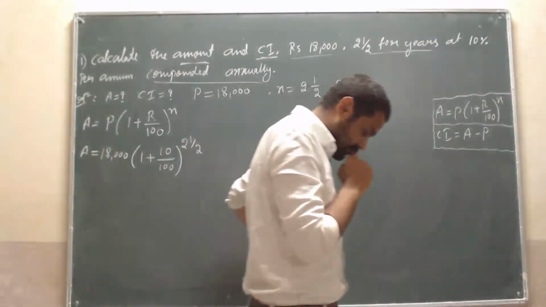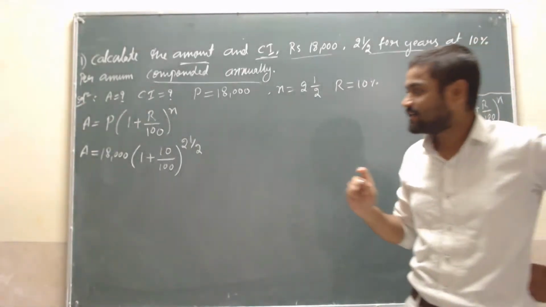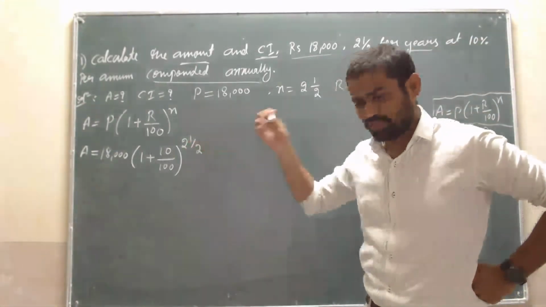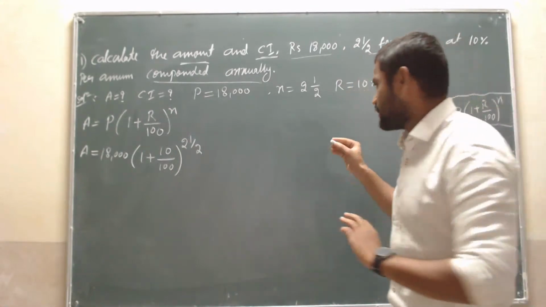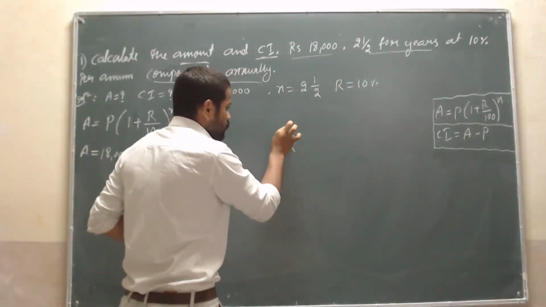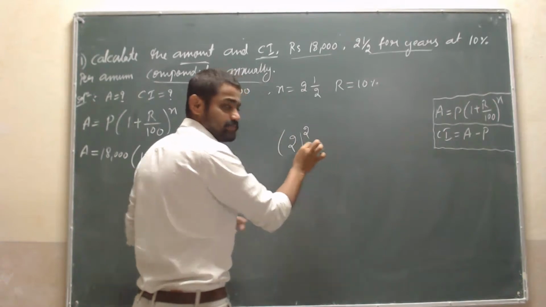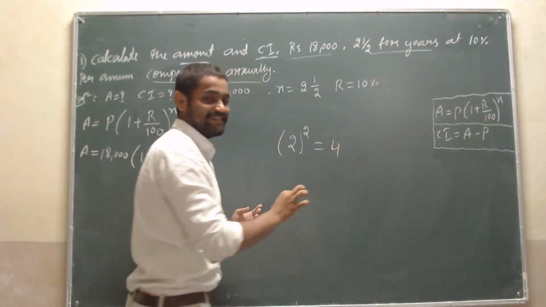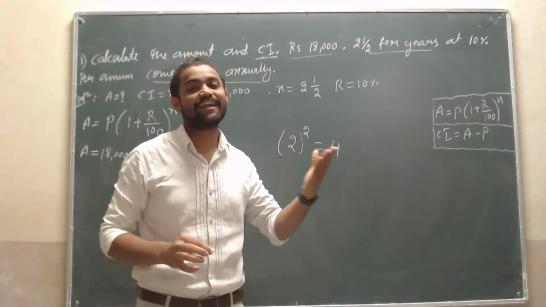Now we have to concentrate here. 2 to the power of 2 is 4, 3 to the power of 2 is 9.